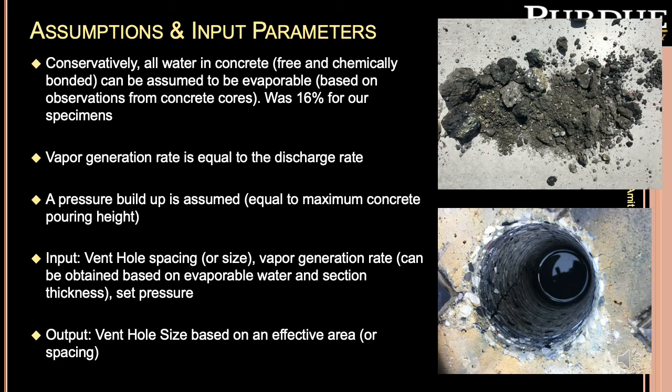And again, the set pressure is something that the designers have the freedom to decide. But for our studies, we've considered that to be the pressure corresponding to a concrete pour height of 10 meters.